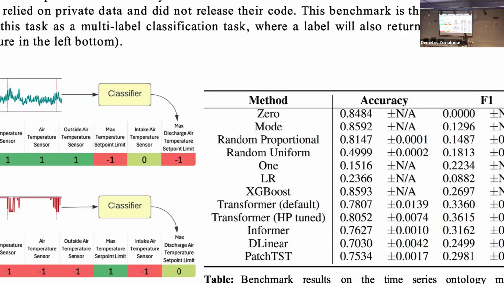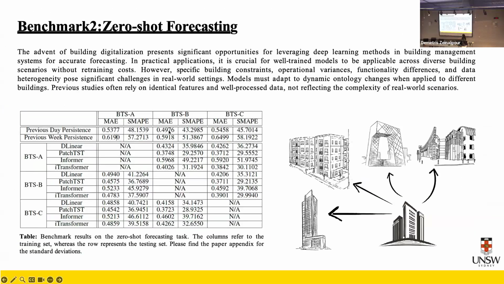These are the newer models, and these are typically better for classification these days. We also have a benchmark for zero-shot forecasting. That means training on one building and testing on other buildings.